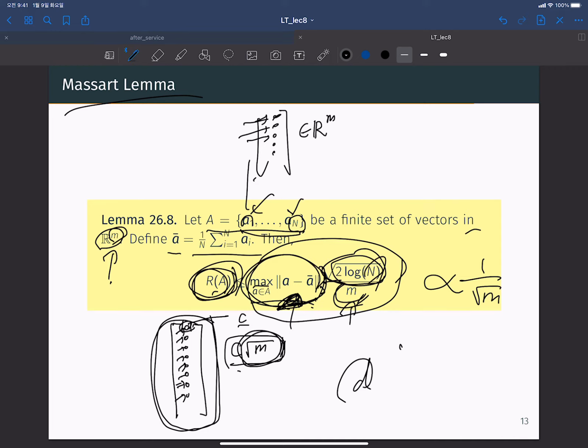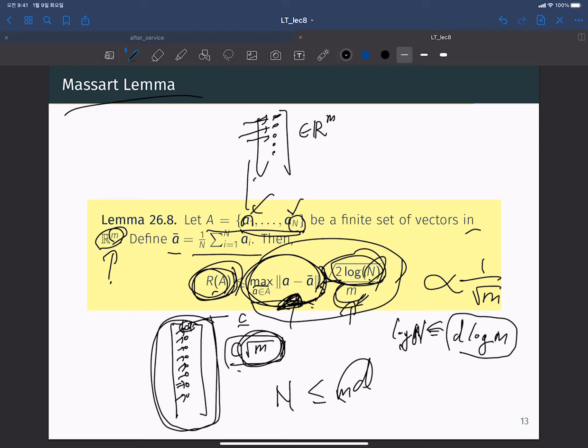When we have VC dimension d, then this n value is roughly upper bounded by m to the d. So this log n is upper bounded by d times log m.